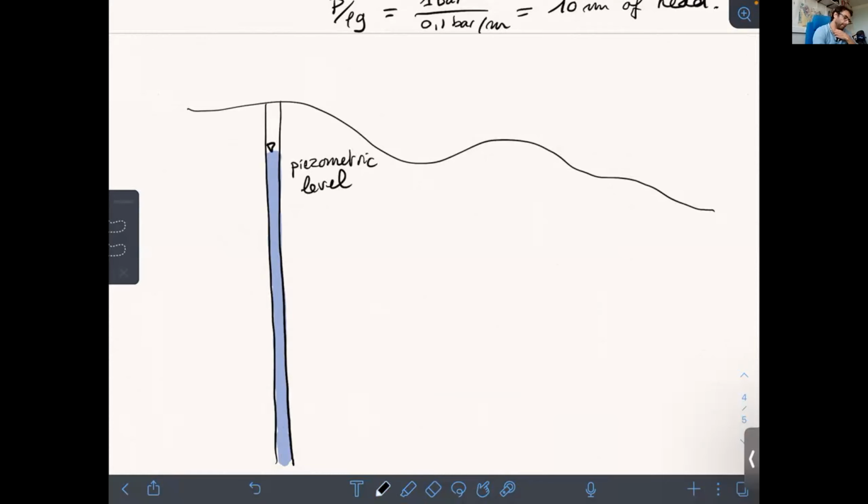Okay, so this piezometric level is actually a measure of the hydraulic head.